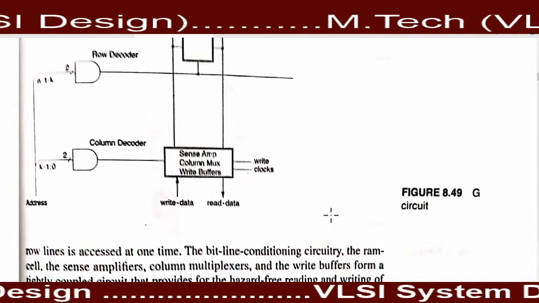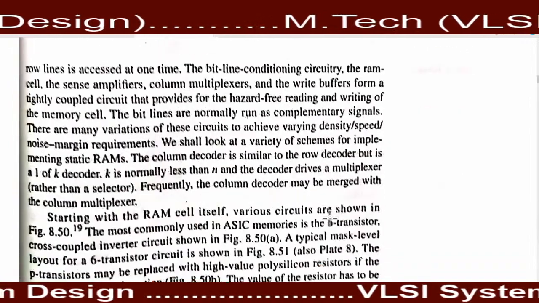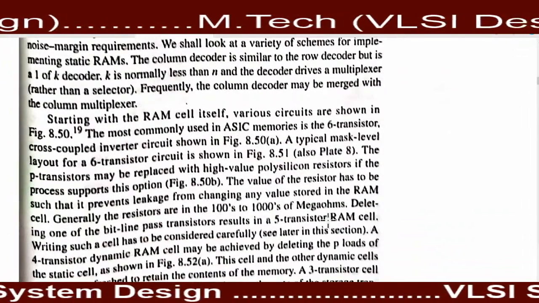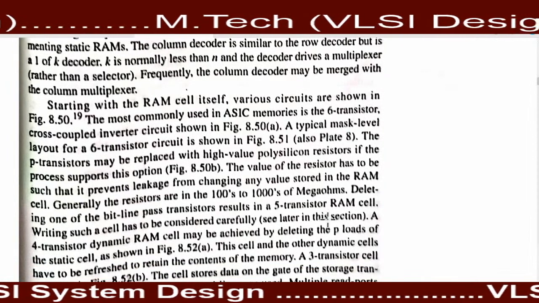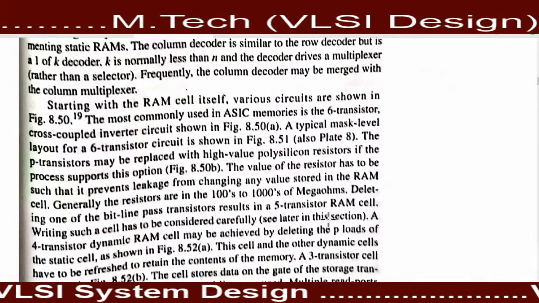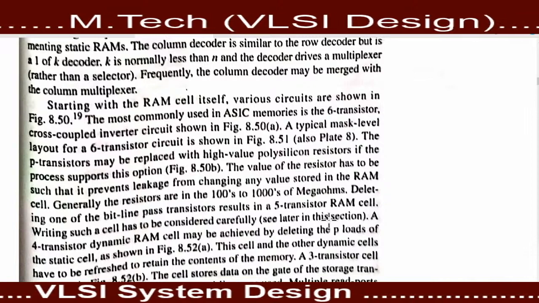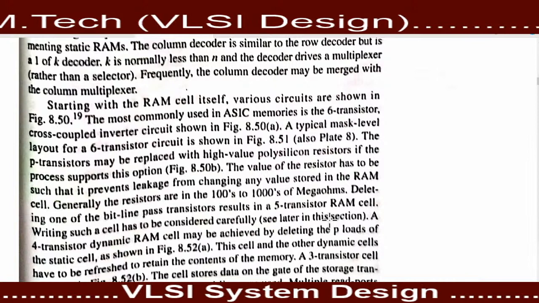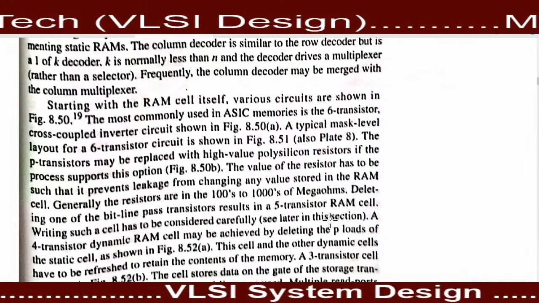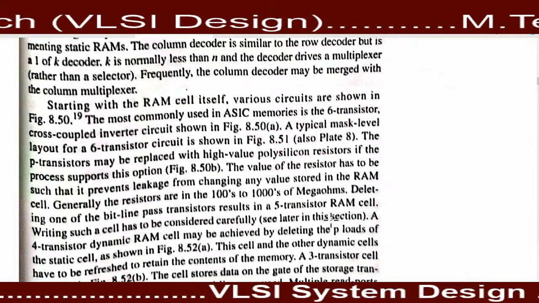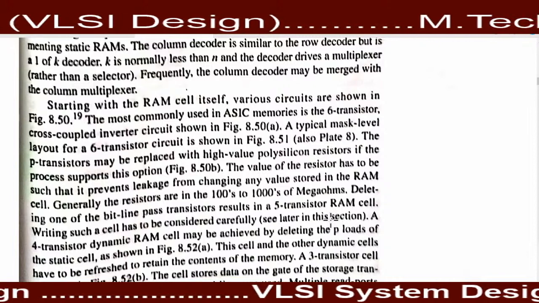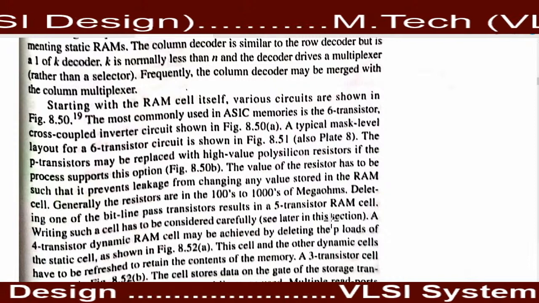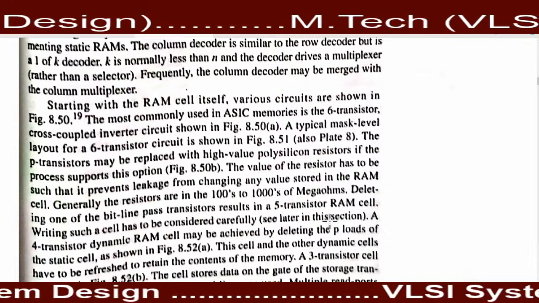So this one is the simple diagram of a generic RAM cell, any type of RAM cell. Suppose I'm considering the SRAM. In SRAM, we do not use a capacitor, but in DRAM, we use the combination of transistor and capacitor for implementation of the memory.